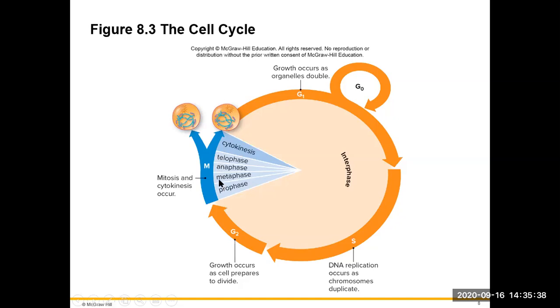It's an abbreviation. And then at the end, there will be the cytokinesis. So this pinkish part is called the interphase, including G1, S, and G2. And mitosis is just this small part. As you can see, the cell spends most of its time in interphase.